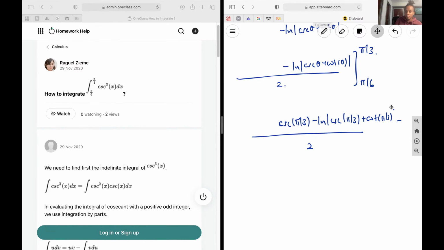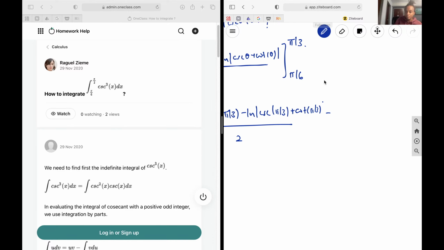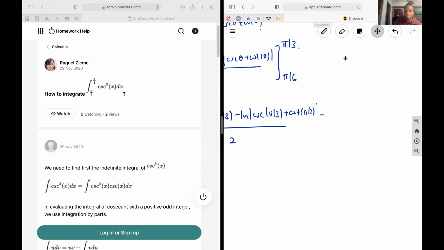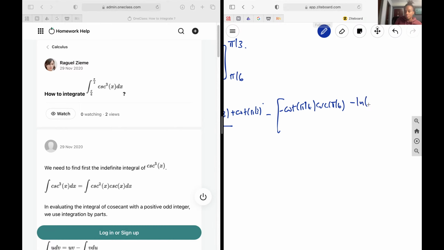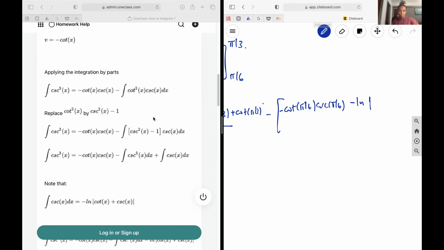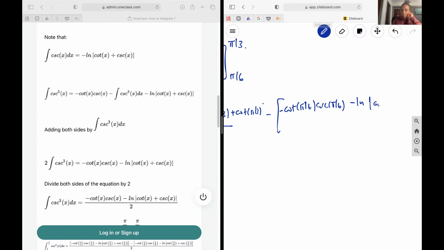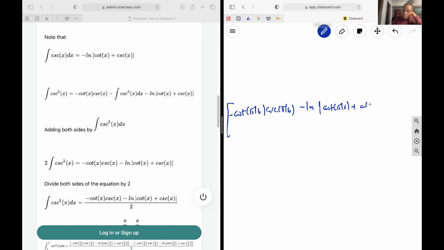And so we have cotangent pi over 6 plus cosecant pi over 6 magnitude over 2.